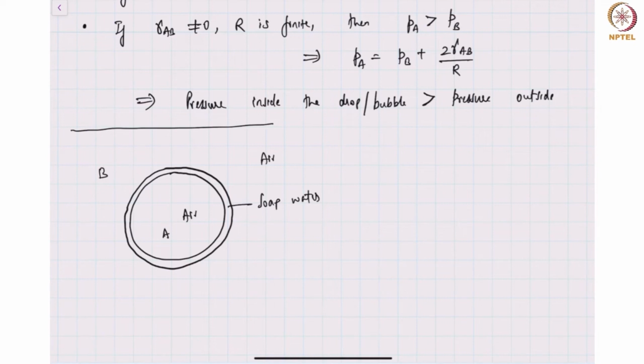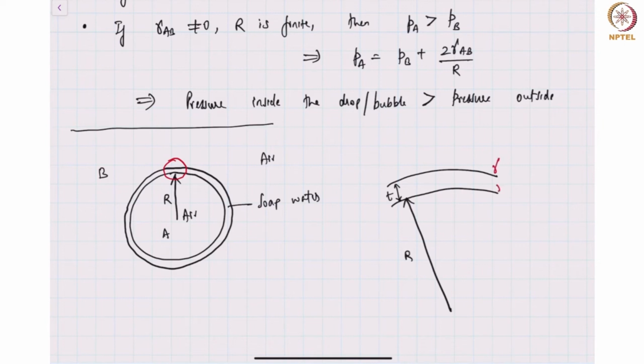To examine this, let's say that the thickness of the bubble is negligible. If I were to look at a close-up view of the bubble, let's say I'm looking at a region here, the thickness is, let's say, T, and the radius of the bubble is R. Now we have two surfaces here.